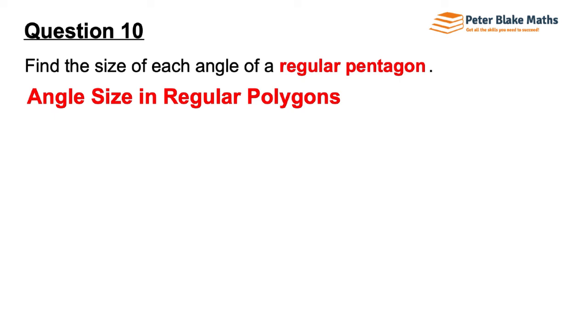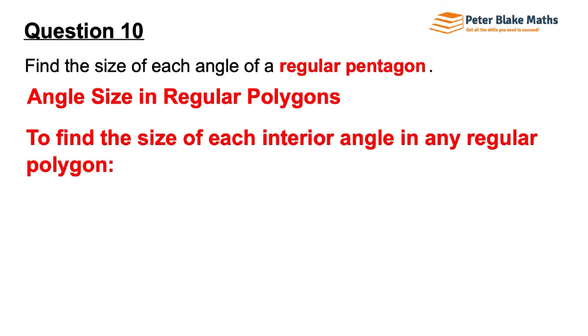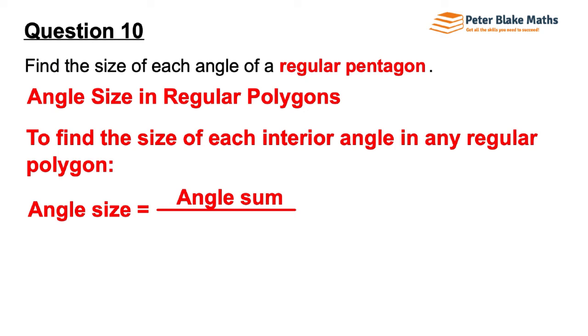So for angle size in regular pentagons, and this formula only works for polygons that have the same size sides each time, to find the size of each interior angle in any regular polygon, we do angle sum divided by the number of sides, because the number of sides is going to match the number of angles anyway. So we've got the angle sum divided by the number of sides to find the size of each angle.